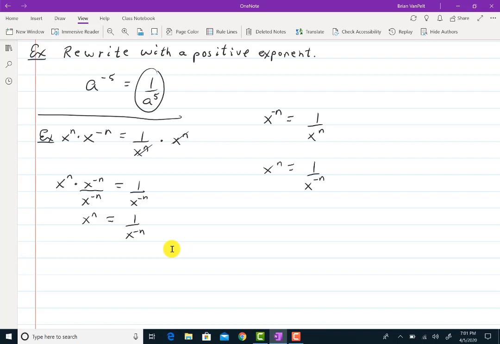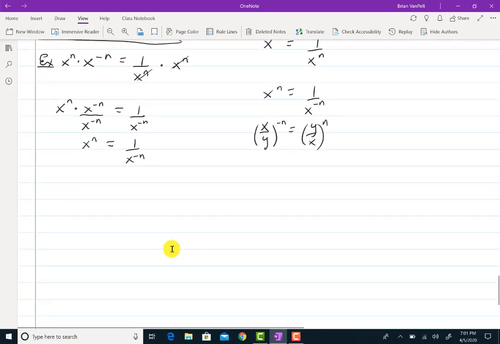What other rules are we going to use? We have x over y to the negative n equals y over x to the n. We have x to the n over y to the n equals, from this rule, x to the n equals 1 over x to the negative n.